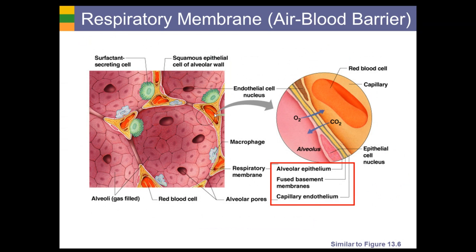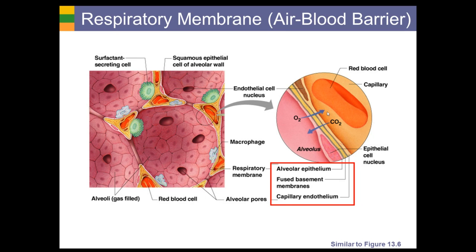On the outer surface, you have your capillaries. Where the two meet, you have the wall of the capillary and the wall of the alveolus, and that's what makes up the respiratory membrane. And that's what you're seeing here in this blow up to the right.